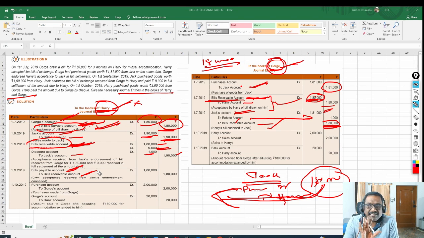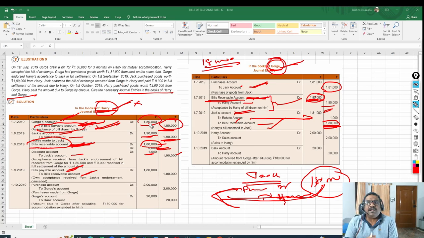I hope you understand this point. Please remember, once again I'm repeating, Harry is cancelling this because initially this bills receivable, whatever he received, 1,80,000, was accepted by him. So when he accepted, that was showing as a bills payable and liability. And now that bill has come back to him as a receivable from Jack because he sold goods to Jack.